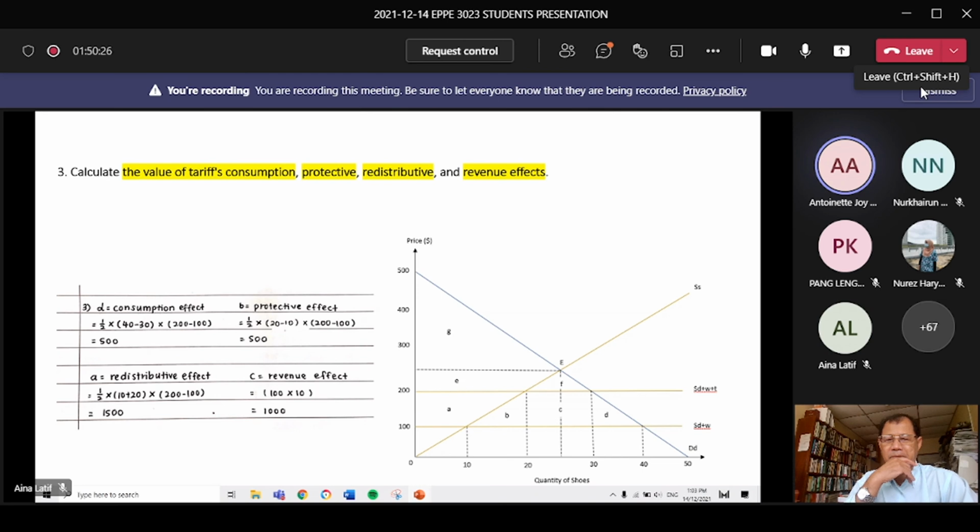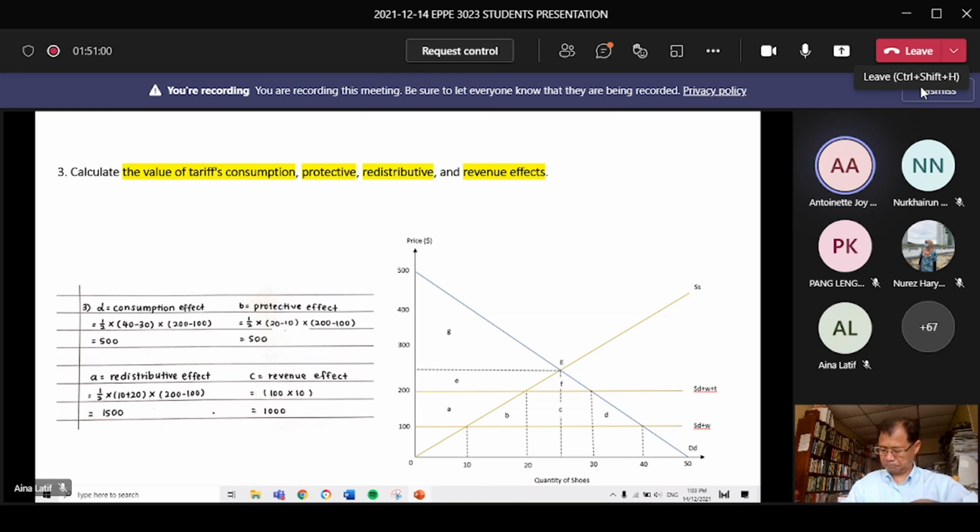From there, we see that consumers of the product in the importing country are worse off as a result of the tariff. So for this one, we have a consumption effect of 500. Then for the second one, we have the protective effect. This is the loss to the domestic economy from wasted resources used to produce at increasing unit costs. From this one, we have a value of 500.